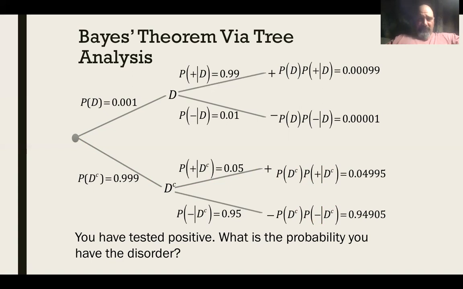Okay, so asking this original question again: having tested positive, what's the probability that you have the disorder? Can you tell from what we have already that maybe our original intuition isn't quite right? What do we have here? Given that I tested positive, I'm somewhere. I'm either here, where I have the disorder and tested positive, or I'm here where I don't have the disorder and yet I tested positive for it.